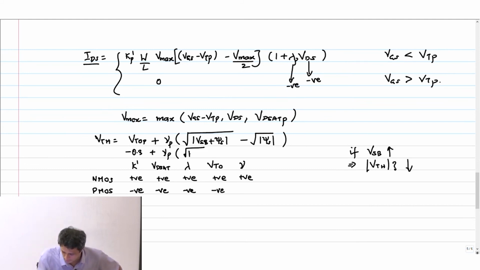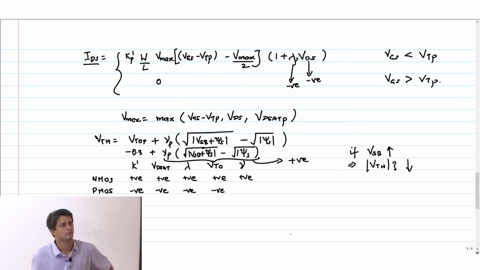So root of mod VSB plus psi S minus mod psi S. This should be positive. So if VSB goes up and gamma P into that term has to be positive, what should be the sign of gamma P? Yeah? Why?